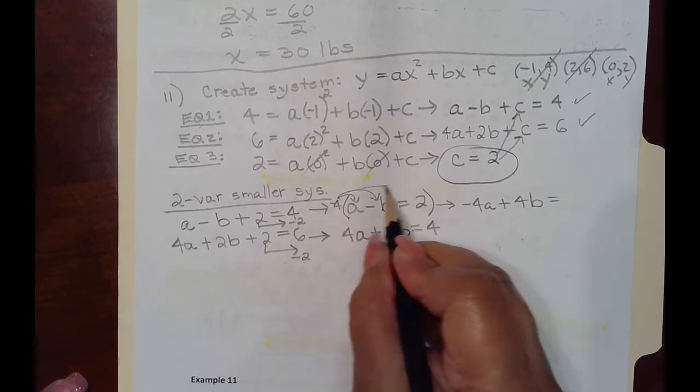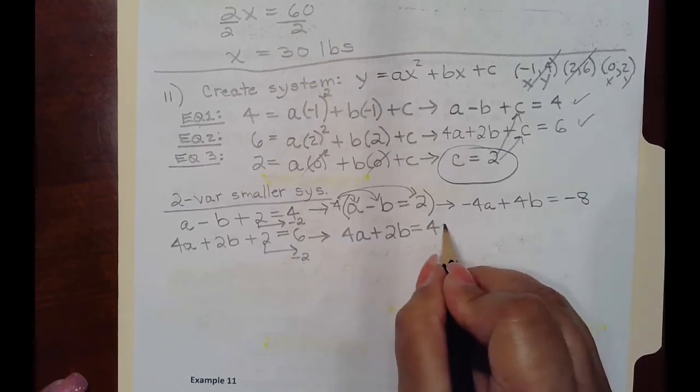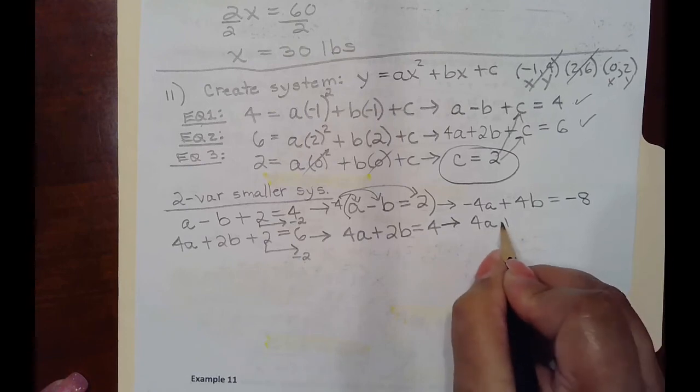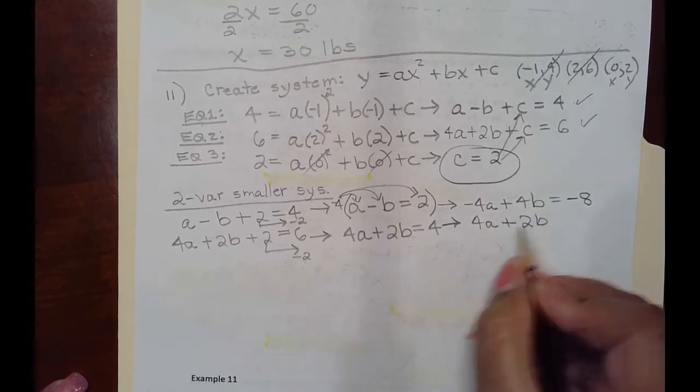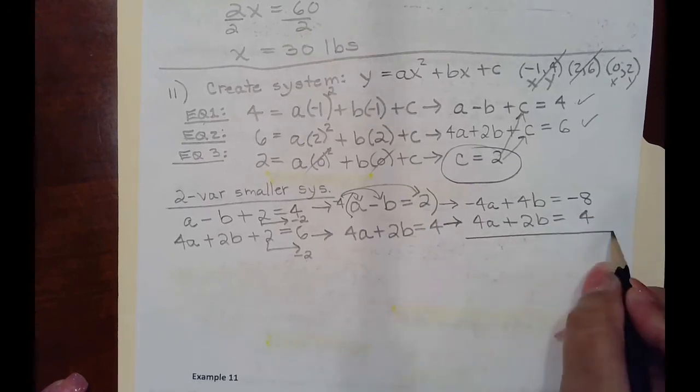And then negative 4 times 2 down here would be negative 8. And then bringing this over, it would be positive 4a, positive 2b. And bringing this one over as is, and this would be positive 4.